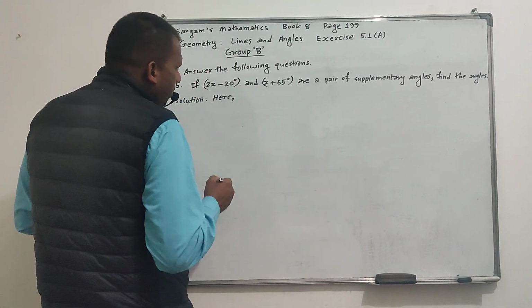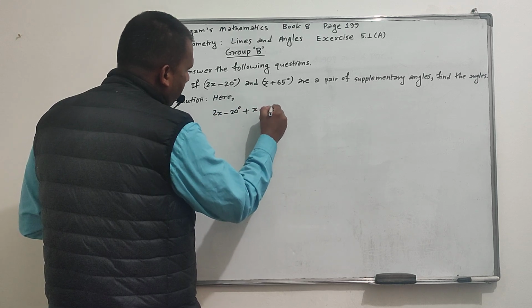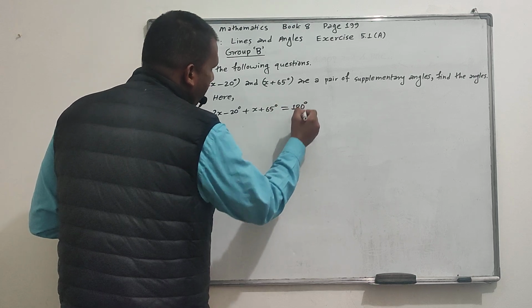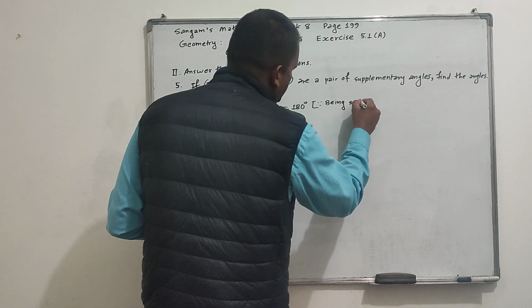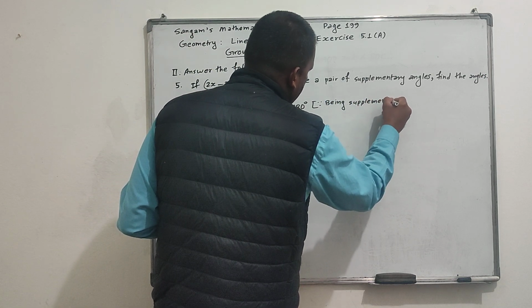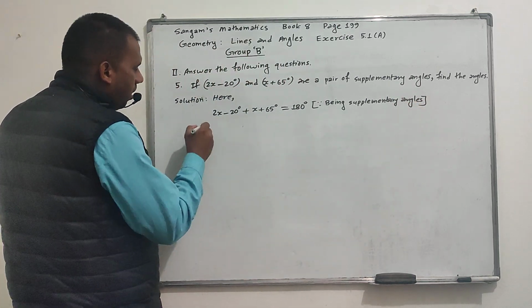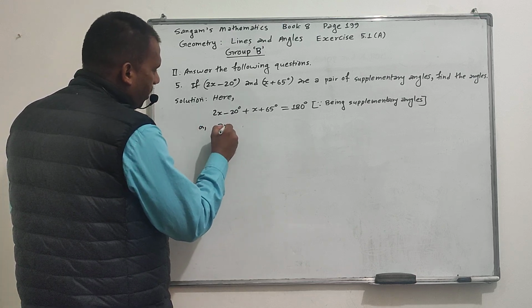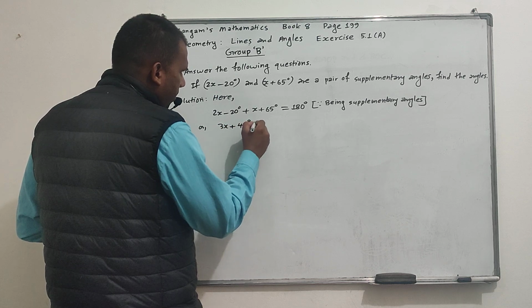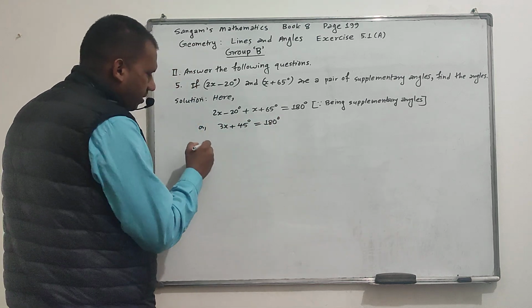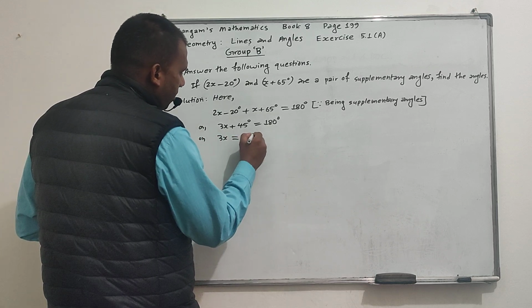Now it's also here. 2x minus 20 degrees plus x plus 65 degrees equal to 180 degrees, because being supplementary angles, or 2x plus x, 3x, 65 minus 20, that is 45, equal to 180 degrees, or 3x equal to 180 minus 45, 135 degrees.